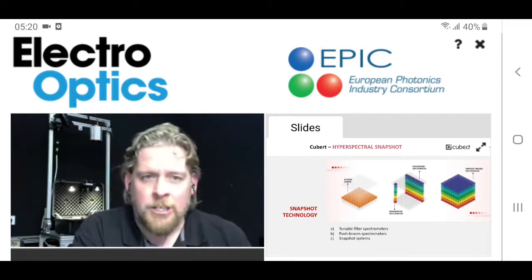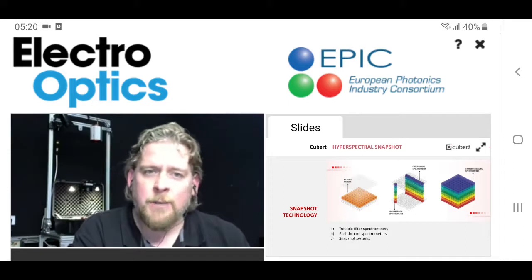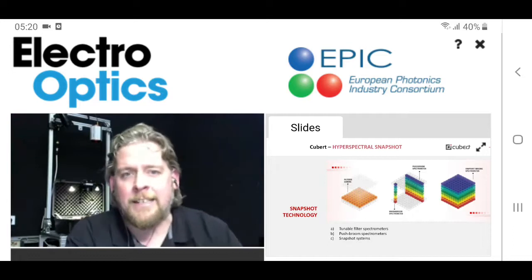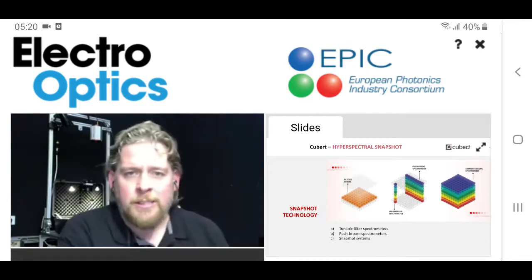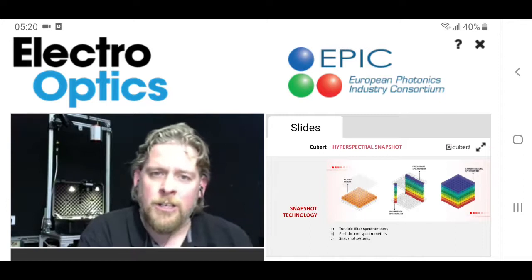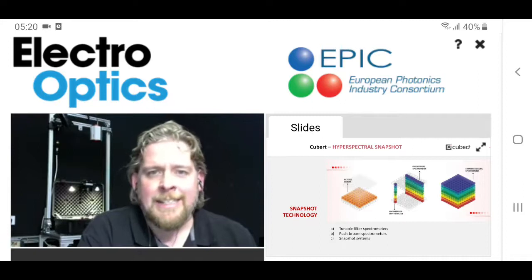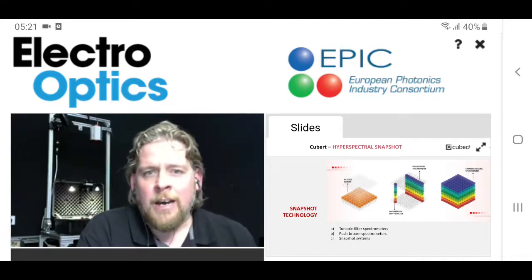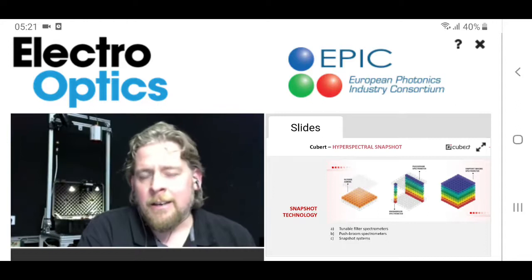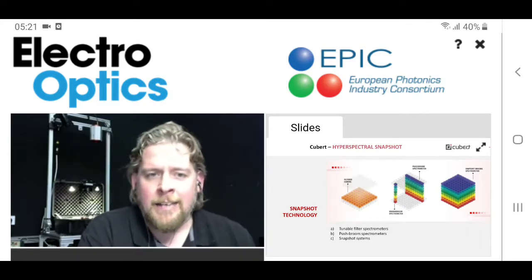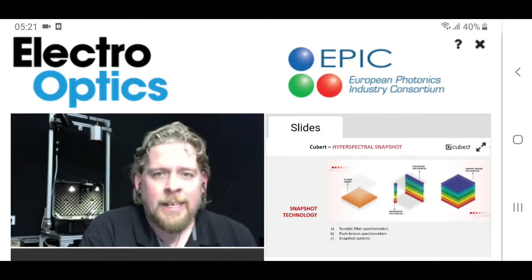It's pretty interesting technology, and nowadays with fast switching filters, it can even be done in less than a minute. The most frequently used technology for sure is push-broom spectrometry, where you generate a line of spectra, like a scanner. To generate a cube, you have to scan this single line and then add all the single lines together.